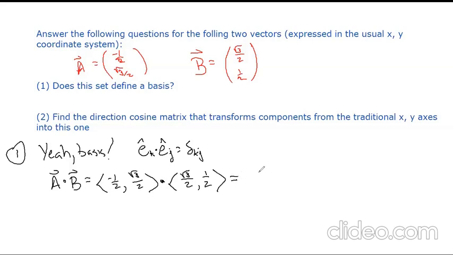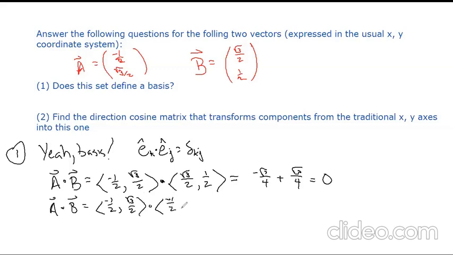So match the components, I get minus √3/4 plus positive √3/4, and that's 0. So dot one with the other, I get 0, whereas if I dot the thing with itself, I get 1/4 plus 3/4, which is 1.